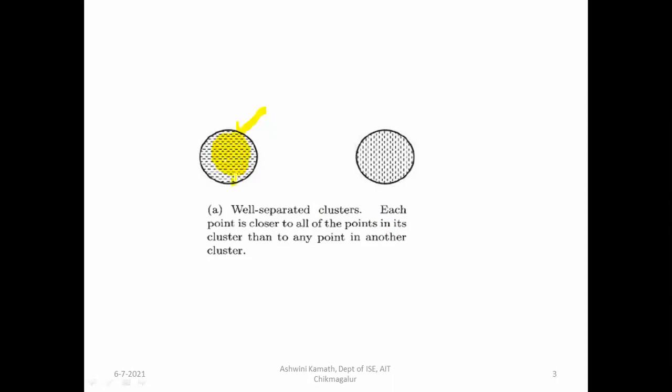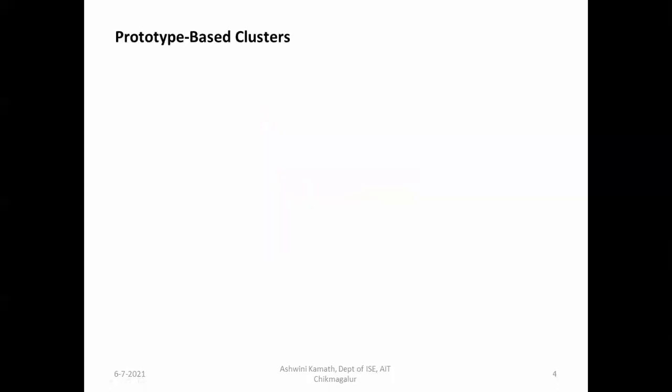If I consider one point from this cluster and another point from the other cluster, the distance between these two points from different clusters will be larger. So it is a well-separated cluster. By looking at the figure only, you can identify that it is clearly separated, and the distance between the clusters is also large. You can notice that, right?